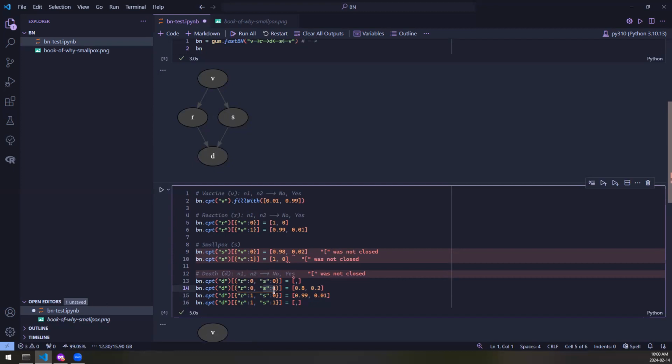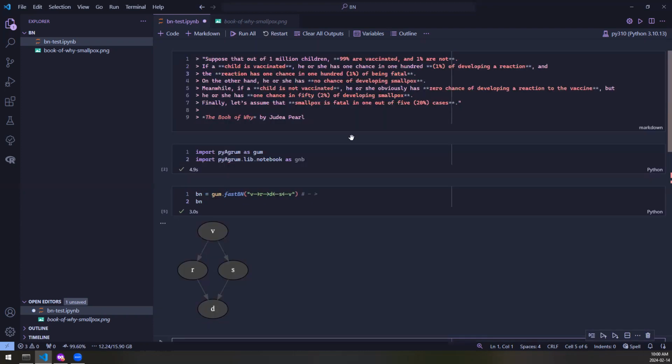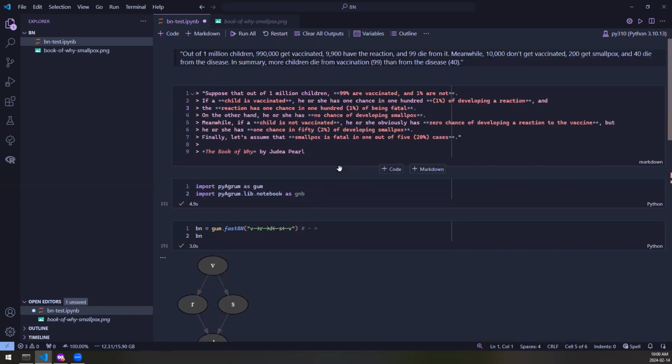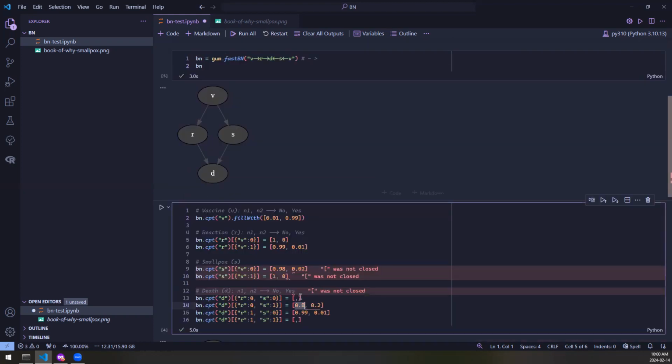Reaction 0 and 8% for no death under these conditions. Okay, so read the text, and we can assume some other numbers here as well.